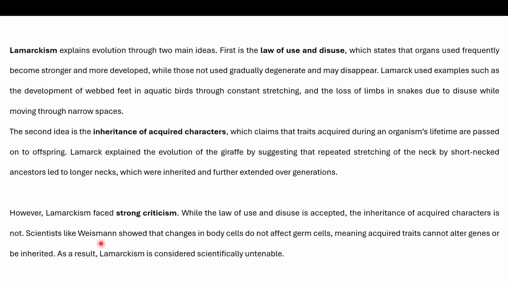Weismann cut the tails of rats, but even after generations, reproduction led to normal rats with tails. The offspring weren't tailless. So this statement, the inheritance of acquired traits, was refuted.